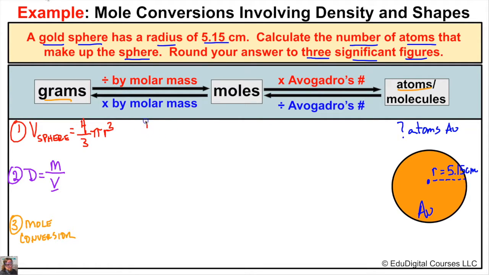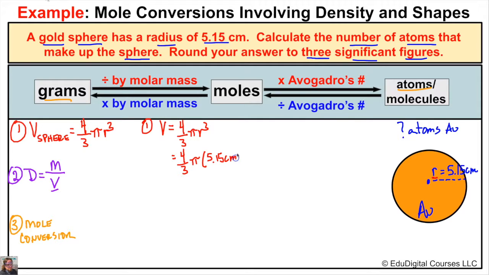In the very first step, the volume of this sphere here is going to be equal to 4/3 pi times r cubed. So we have 4/3 pi times r, which the radius here tells us is 5.15 centimeters.